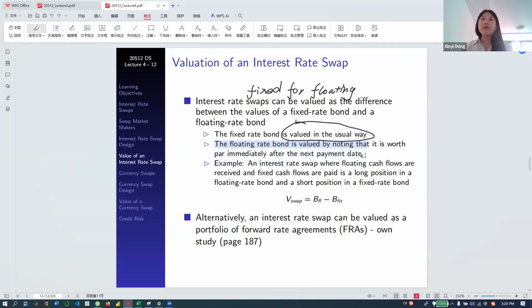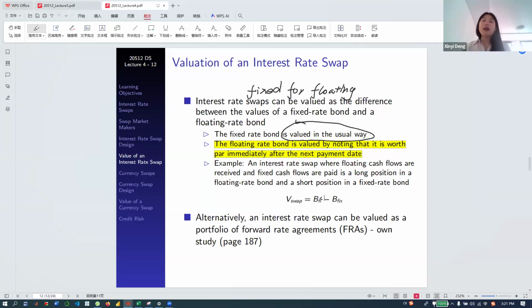So I know this statement looks a bit vague for you guys at the moment, but you'll comprehend it when we have more concrete examples. Now if you think about an interest rate swap where floating cash flows are received and fixed cash flows are paid, then basically you are receiving the payments from a floating rate bond, right?